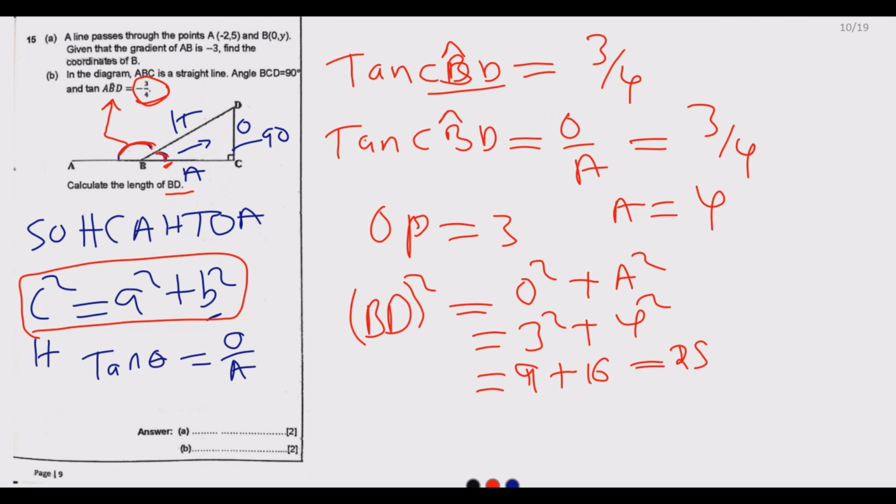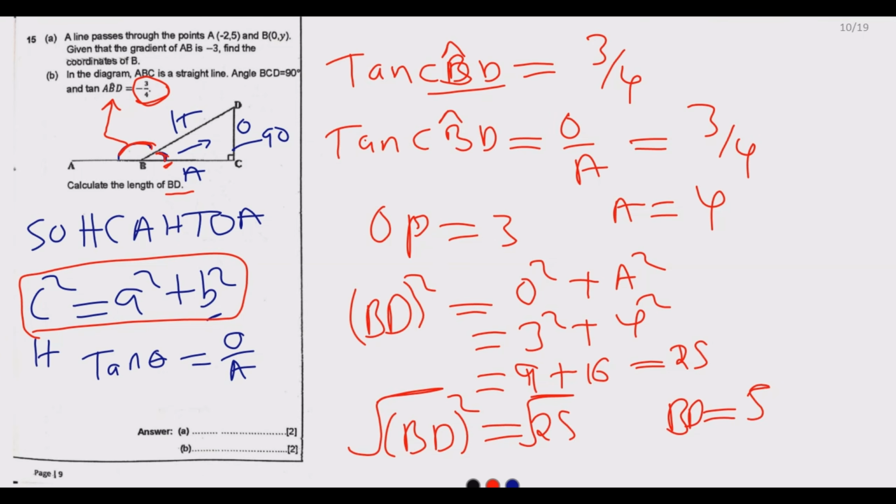So now we are looking for BD, where we know that BD squared is equal to 25. To find BD, we introduce the square root on both sides. So BD equals 5. The square root of 25 is 5. We can't have a negative distance. So this is how you find this question.